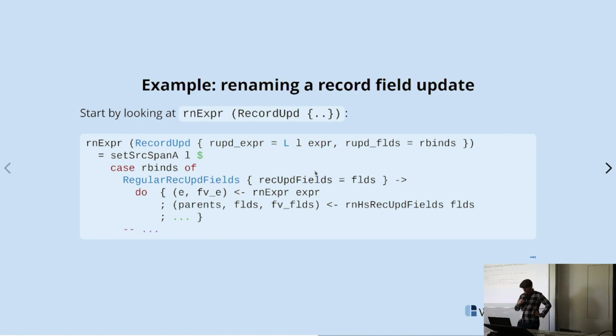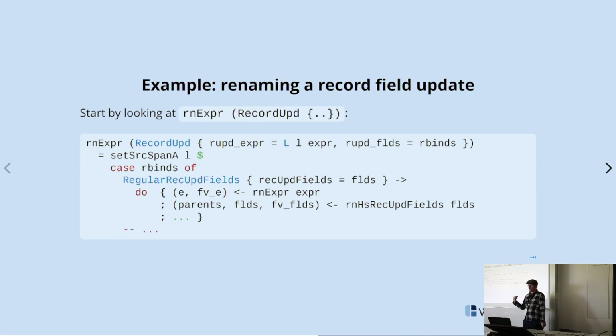So what we're going to do here is start off by looking at the fields in this record update to find out what fields we're referring to. Because this is an update, I don't have it written in the slides, but it's something like lowercase r braces, field 1 equals 3, field 2 equals false.